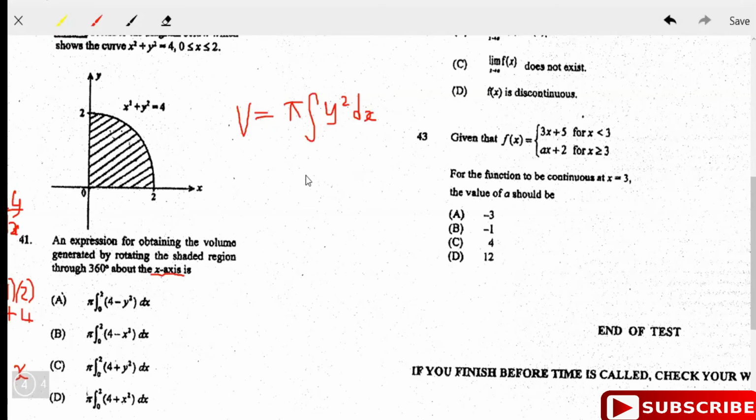Beta. It is beta, because when you make y squared the subject right here, you get y squared is 4 minus x squared. And so it is beta. Easy question.